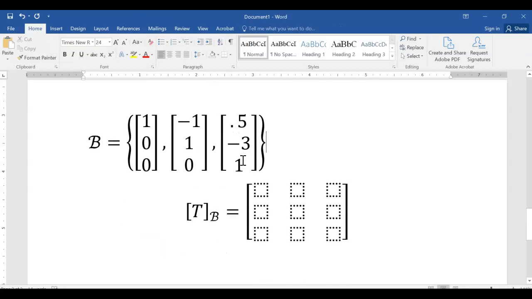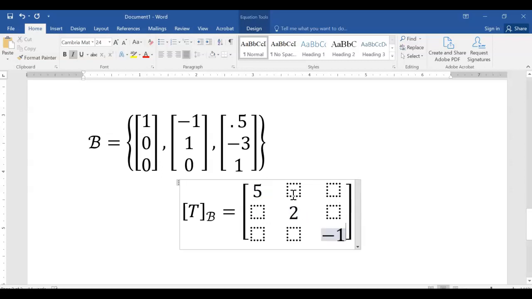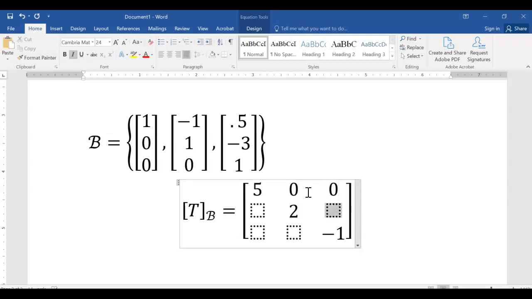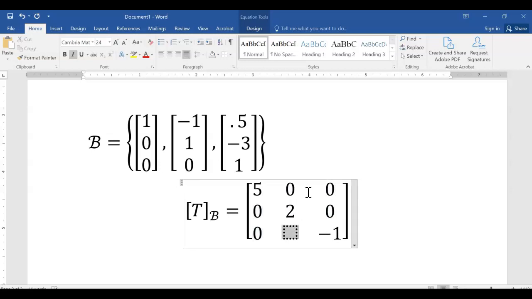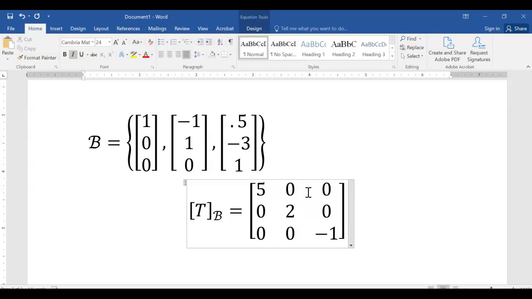Okay. Now, if I put them in that order, my diagonal matrix that represents my transformation is going to be 5, 2, negative 1 on the diagonal. And obviously, since it's a diagonal matrix, it's going to have zeros elsewhere. So the matrix of the transformation with respect to basis B is 5, 0, 0, 0, 2, 0, 0, 0, negative 1.